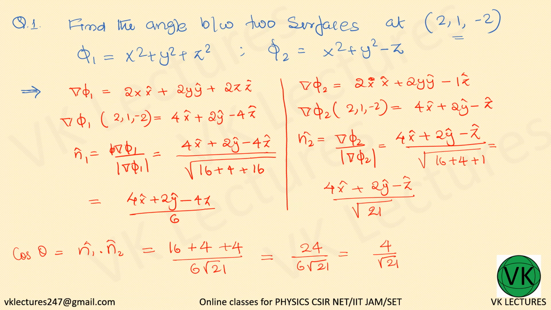So theta will be equal to cos inverse 4 by root 21. It is almost equal to 1, so theta will be around 0, because root of 25 is 5, root of 16 is 4, so root 21 is between 16 and 25.